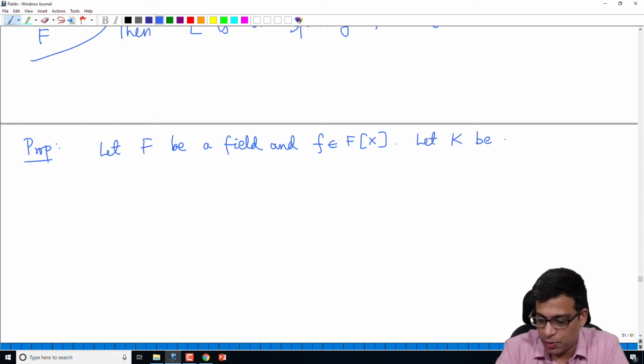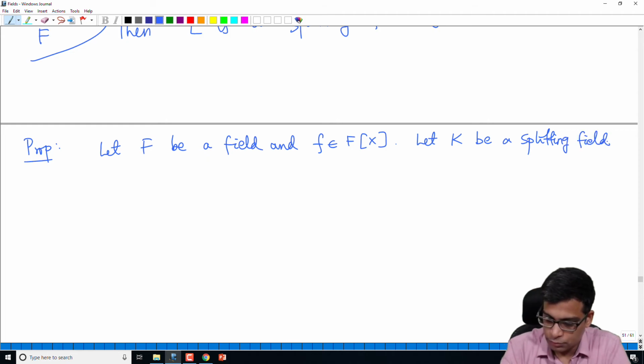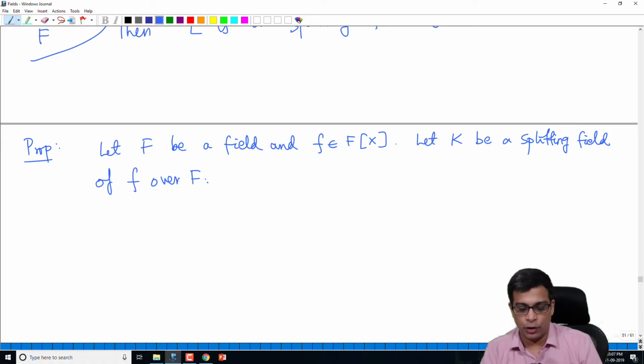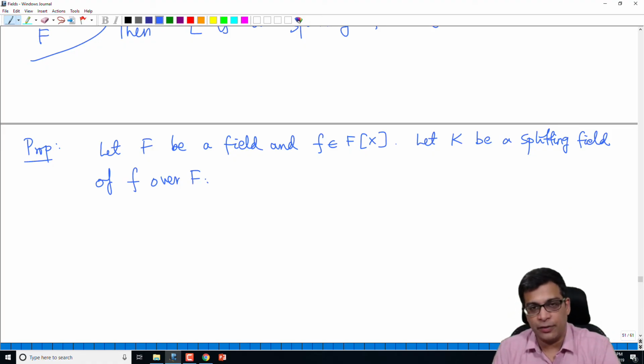Let K be a splitting field of small f over capital F. A quick remark here which I will not write and will not use much: splitting field is essentially unique, meaning if you have two splitting fields of the same polynomial over the same base field, you can exhibit an isomorphism of the two splitting fields over the base field. So often when you read books, they talk about the splitting field, and that's a statement which is valid up to isomorphism. But I'm not going to use that a lot, so I'm going to keep calling this a splitting field of small f over capital F.